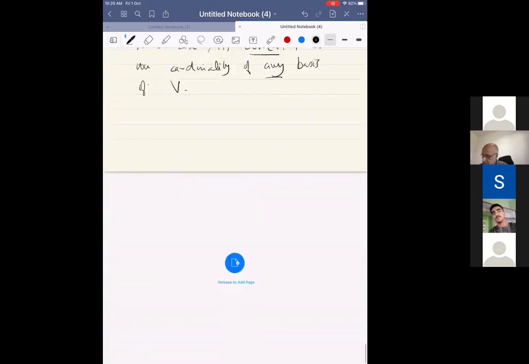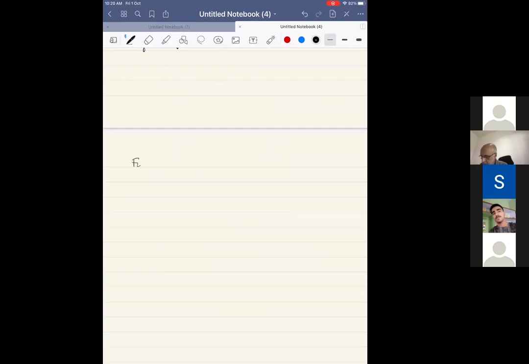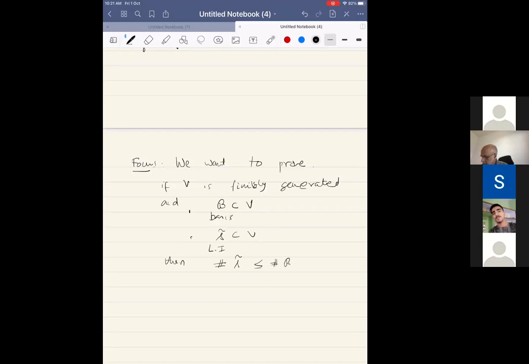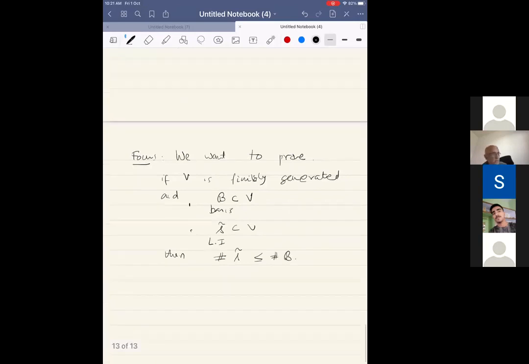We want to prove: if V is finitely generated and B in V is a basis and S tilde in V is linearly independent, then the cardinality of S tilde is less than or equal to the cardinality of B. This is the master theorem that we have to prove.